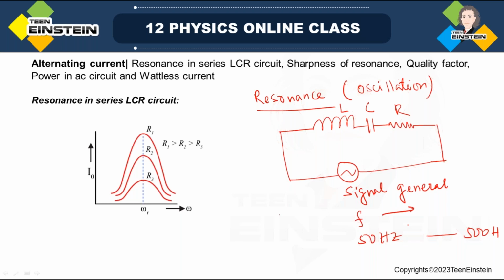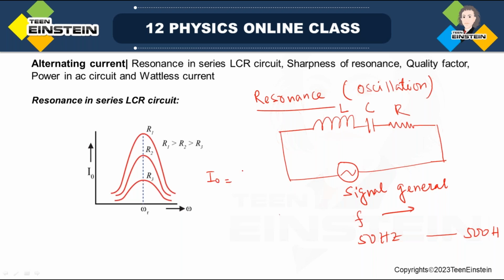I can use many different R values, and you look at what is happening as we vary the frequency. One thing here: what is I0 in the LCR circuit?